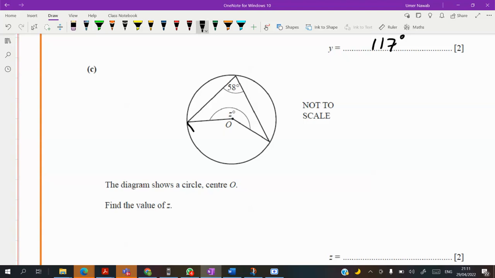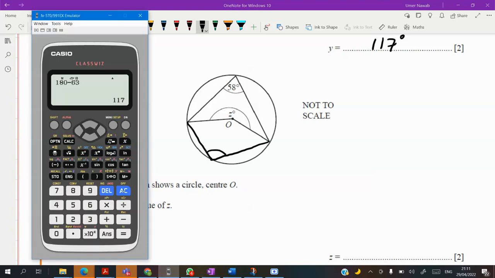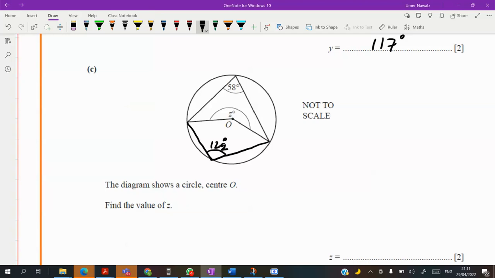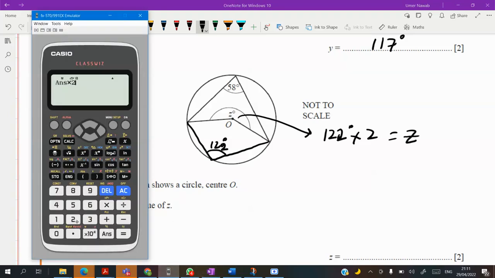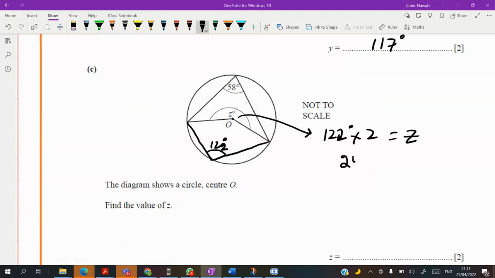Or some students can make a cyclic quadrilateral, and this is 58. They can write this angle as 180 minus 58, which gives them 122. And you remember that the double of 122 will be z, so 244.